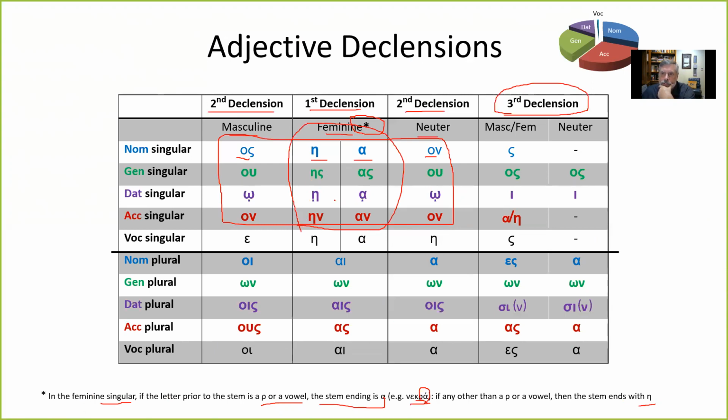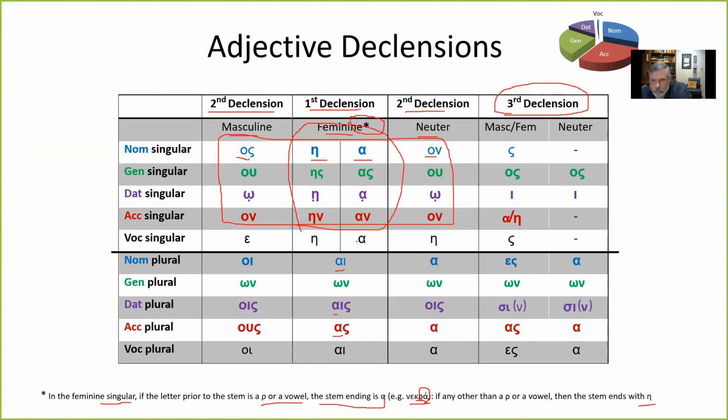The difference is that if the letter prior to the stem ending is a rho or a vowel, it will have an alpha in the singular, and if it's not, it'll have an eta in the singular. That's just its characteristic of the feminine nouns. In the plural, generally speaking, it's the alpha that's being used. So that doesn't affect us at all.